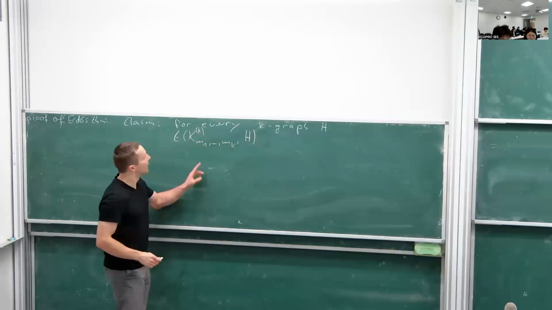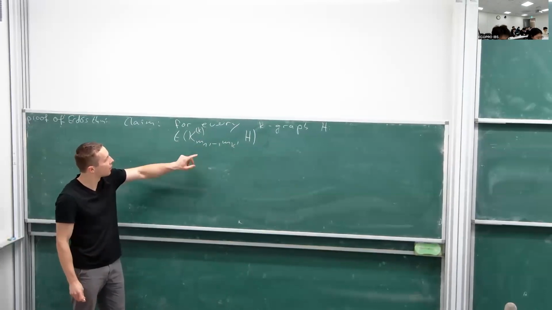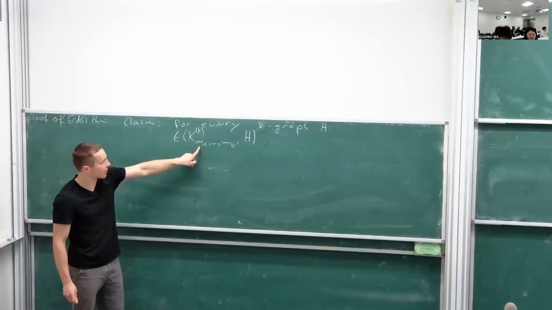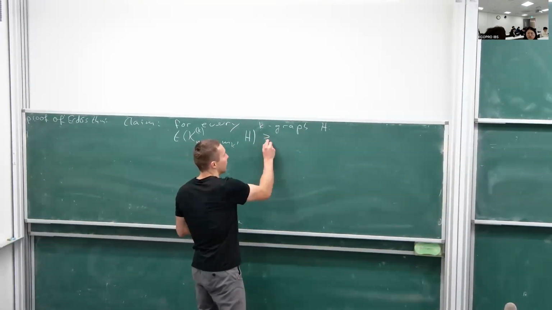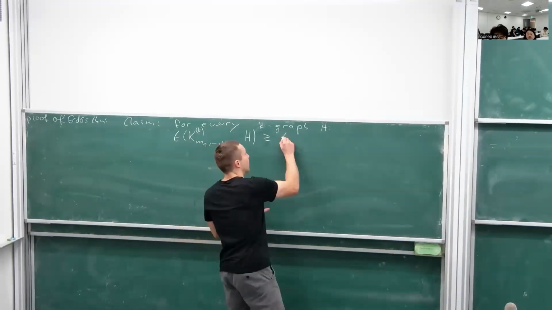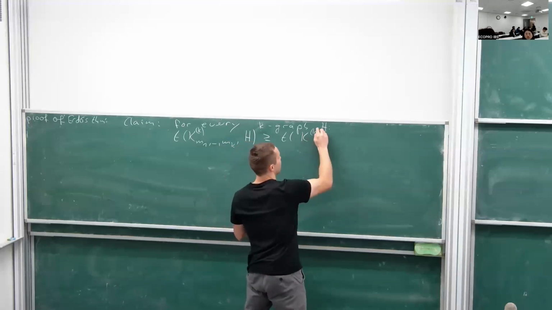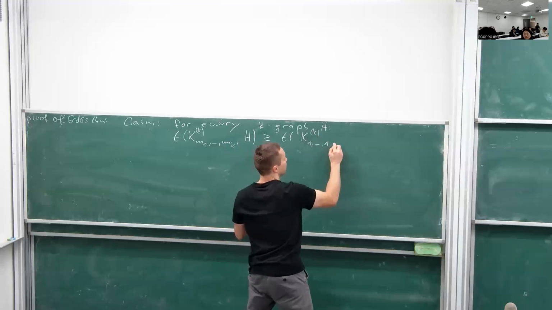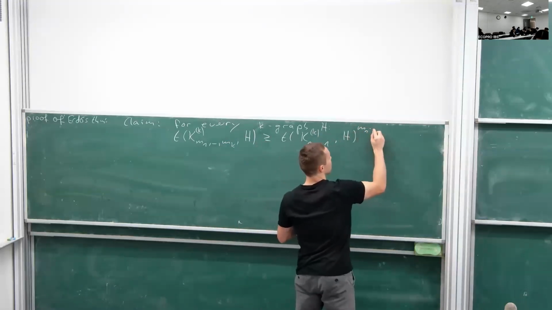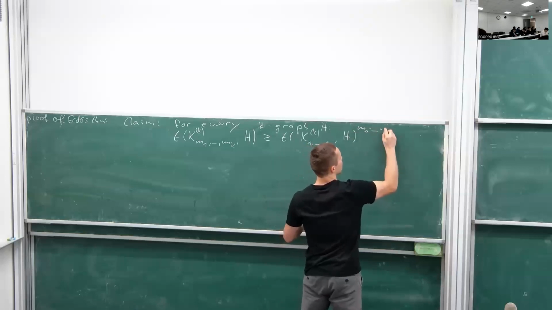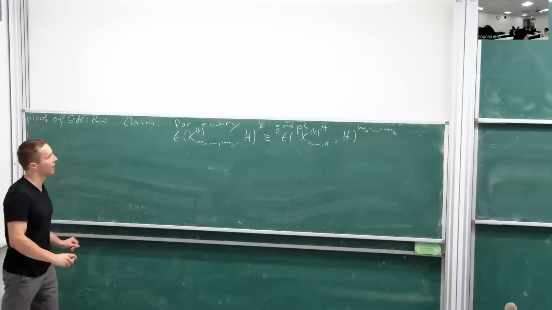When we embed the complete k-partite k-uniform hypergraph with partition classes of sizes m1 to mk into H, its homomorphism density is greater or equal to that when we embed a single edge, raised to some power. And we finished the proof of this last time.